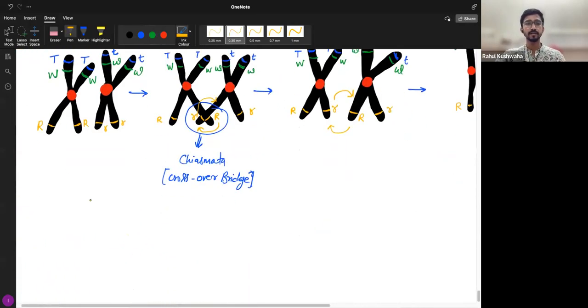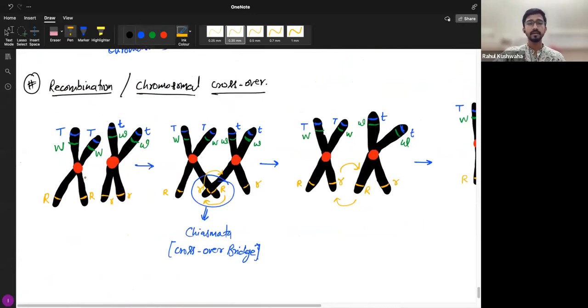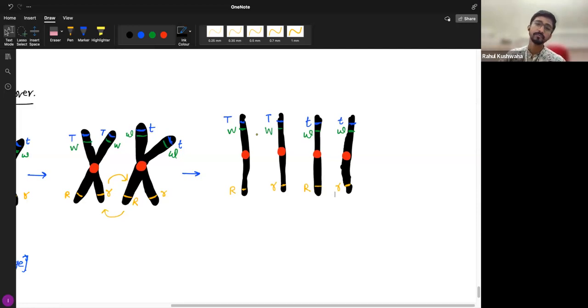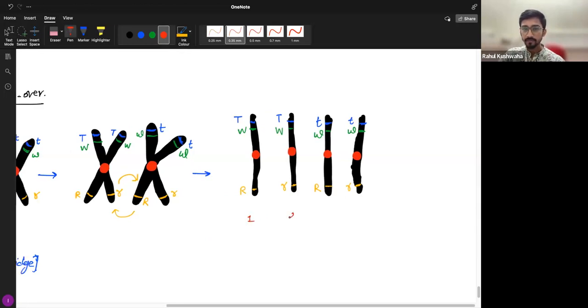Now, look here. These were the parents we started with, right? In the parent, 1 chromosome had capital T, capital W, and capital R, and the other chromosome has small t, small w, small r. Now, when it formed these 4 chromatids in 4 different gametes, gametes are haploid. Now, again, when gametes fuse, they will again become diploid. But you see here, let's number them 1, 2, 3, and 4.